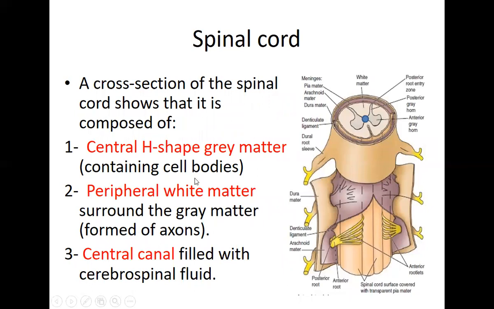At the center there is a canal filled with CSF, which is called the central canal. The spinal cord is covered by cerebrospinal fluid in the center, and outside also it is covered by cerebrospinal fluid.